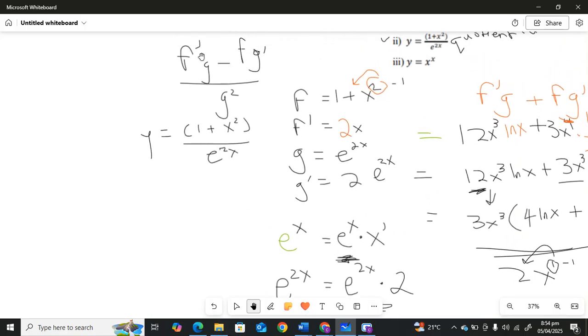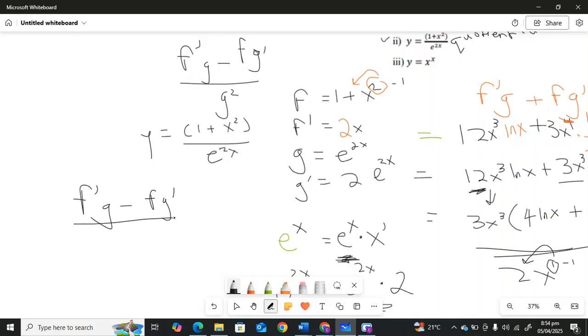So we substitute into our formula here. F prime, let me write the formula here first so that when we substitute, it is flowing. Okay, so we substitute. F prime is 2x. G is e to the power 2x.